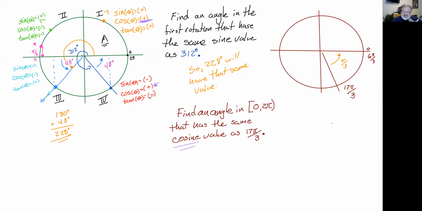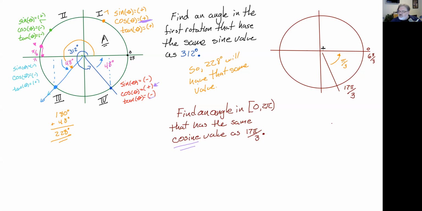If we were doing tangent, tangent is negative in 4, so tangent would bring us up to quadrant 2. When we did sine, sine was negative, so it brought us to the other negative quadrant. So do be careful. It's a combination between which trig function we're looking at and which quadrant our ray is in. We can't look at just the function. We can't look at just the quadrant. We've got to look at their combination.